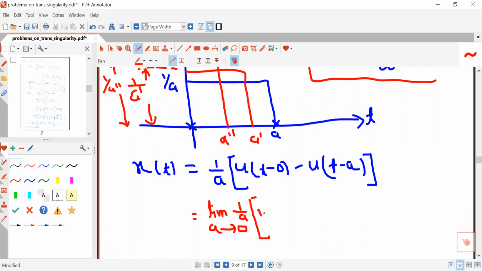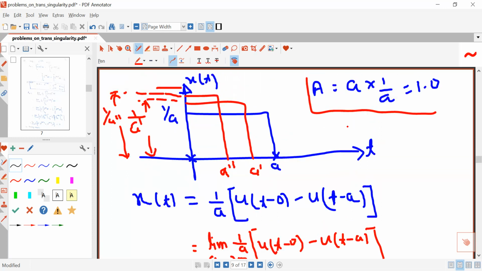If you reduce its width to 0 by keeping the area constant, obviously the height 1/a will increase to maintain the area constant. And if a is tending towards 0, then to keep the area constant, the height will tend toward infinity.